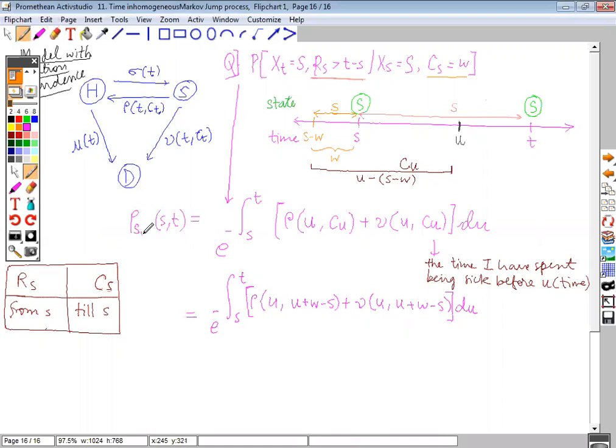You denote this thing as S, W, S bar, to take into account that you know that W amount of time you have spent for sure in the state at which you are in at this time S. Sorry, this is state itself. So let me just say that again. This SW here represents that you have already spent W time in sick state. So this is P SW S bar, S comma T.